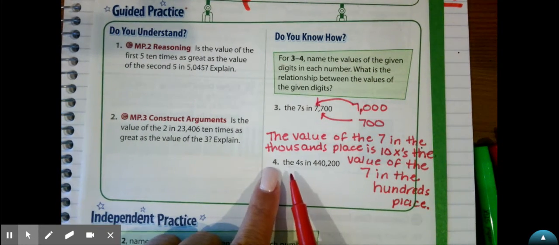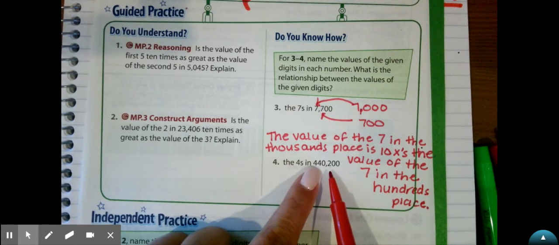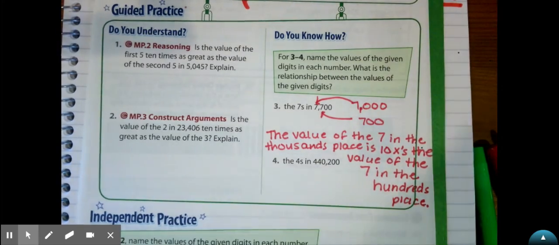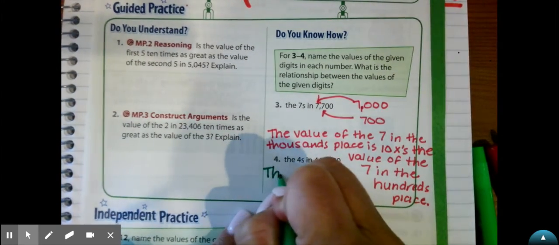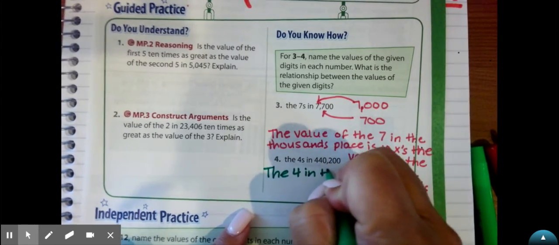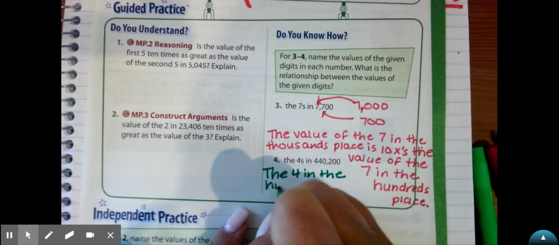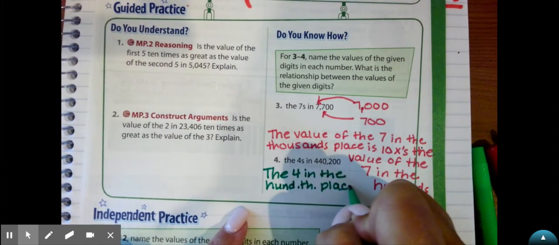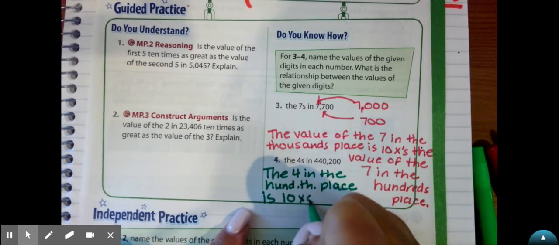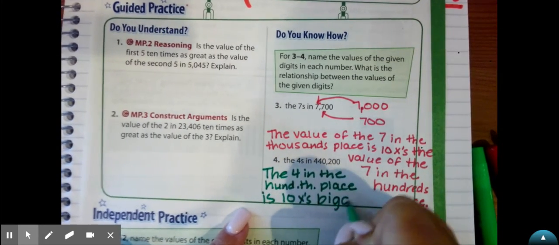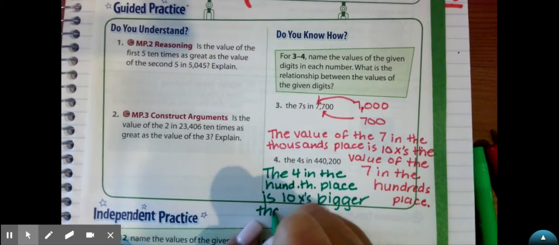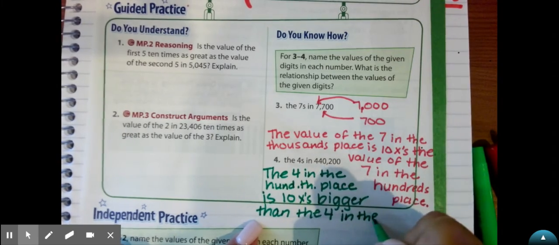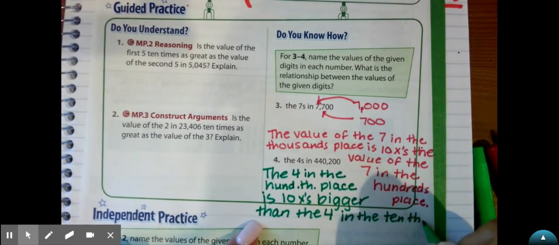Similarly, in question 4, the 4s in this number, we could say that the 4 in the hundred thousands place, I'm going to try to abbreviate here, hundred thousands place, is 10 times bigger or greater than the 4 in the 10,000s place.